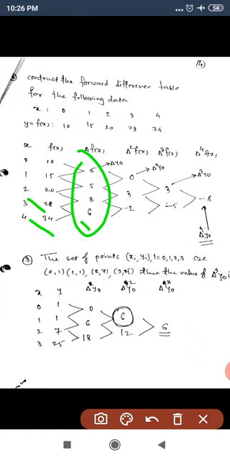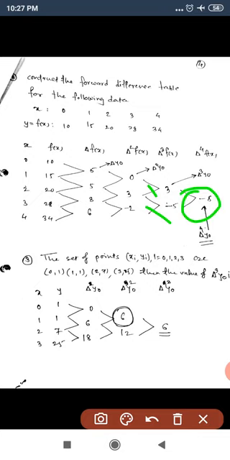Now 5 minus 5 is 0. 8 minus 5 is 3. 6 minus 8 is equal to minus 2, which is the second difference. Now 3 minus 0 is 3, minus 2 minus 3 is minus 5. Third difference. Then minus 5 minus 3 is minus 8, and after minus 8 all are 0.